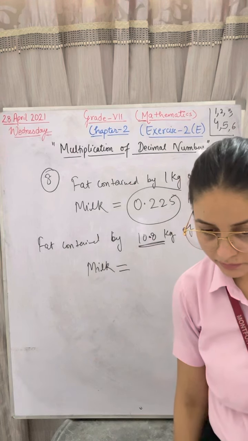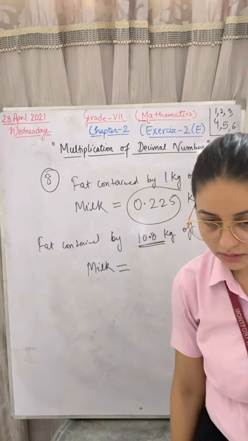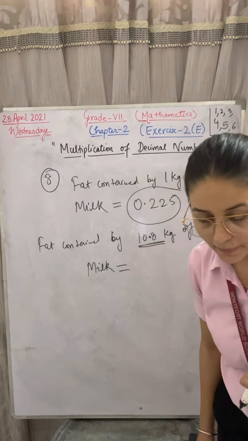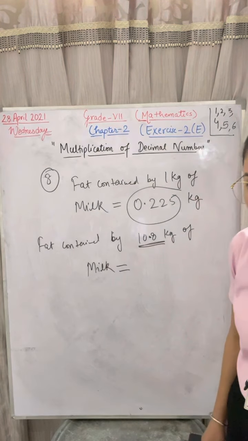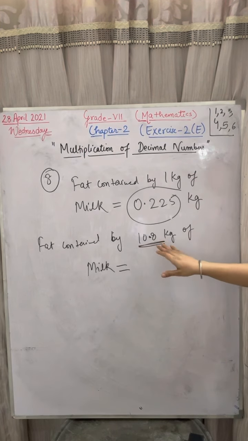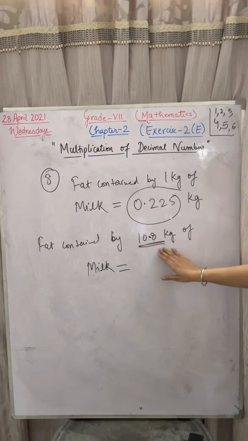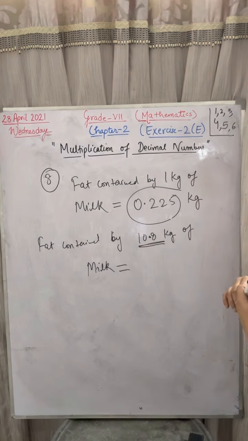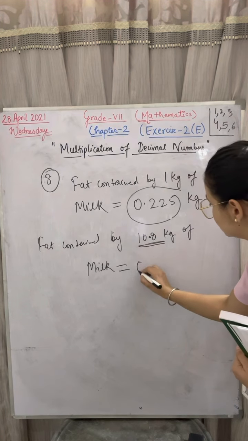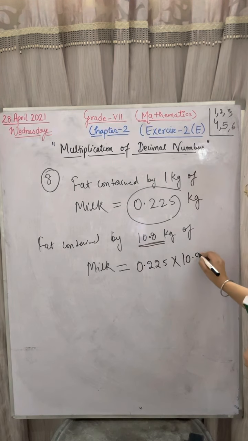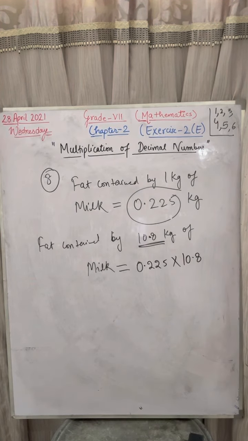Siddharth, your answer is wrong. If 1 kg of milk is having this much fat, how much fat will be there in 10.8 kg of milk? We have to multiply. 0.225 multiplied with 10.8. That's it.